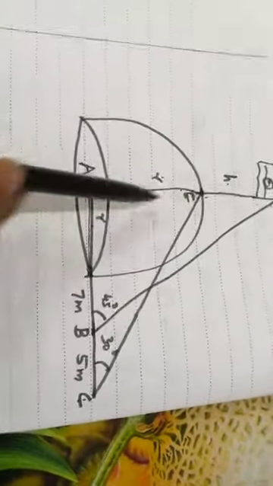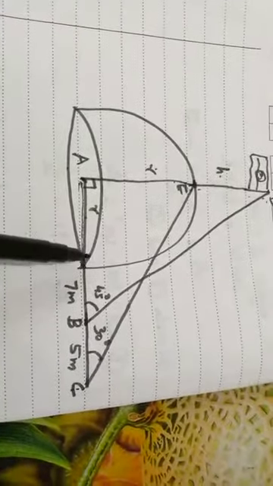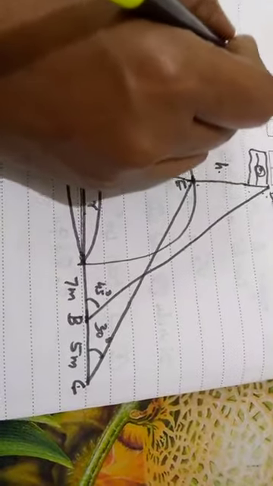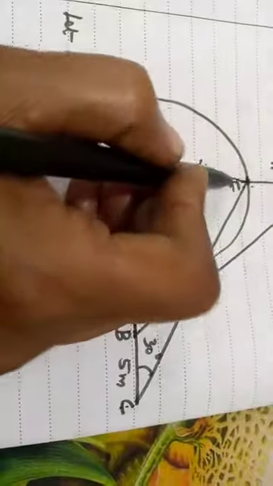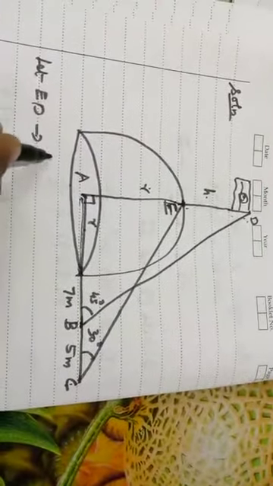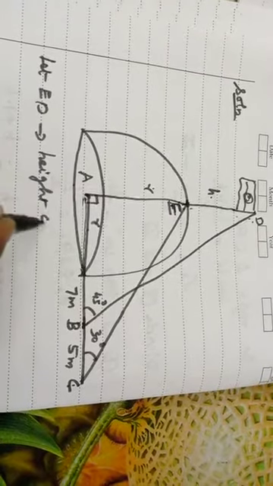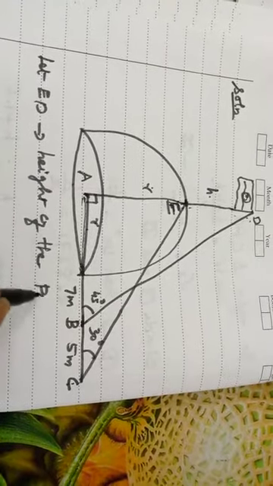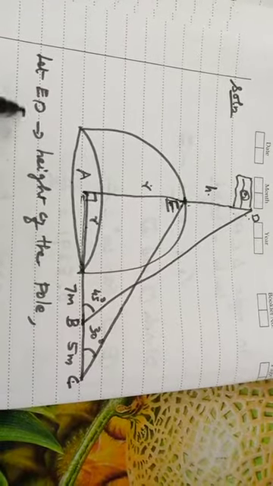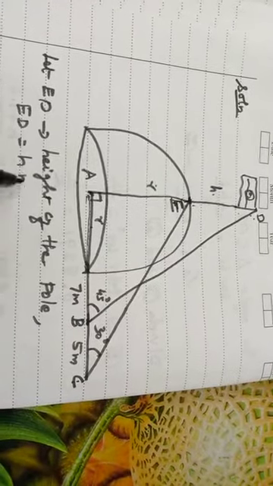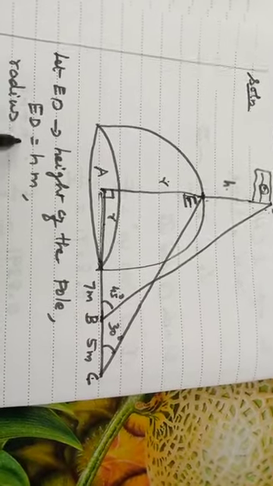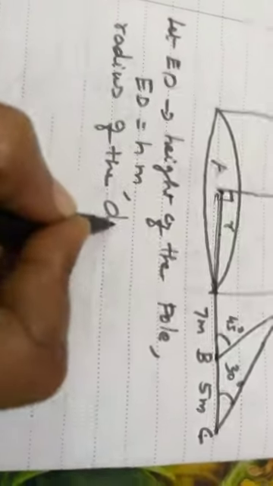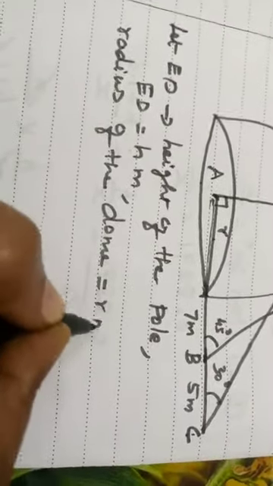So as it is given, let us name it. Solution, let's write. Let ED be the height of the flagpole. That is ED equal to h meter, comma, radius of the dome equal to R meter.